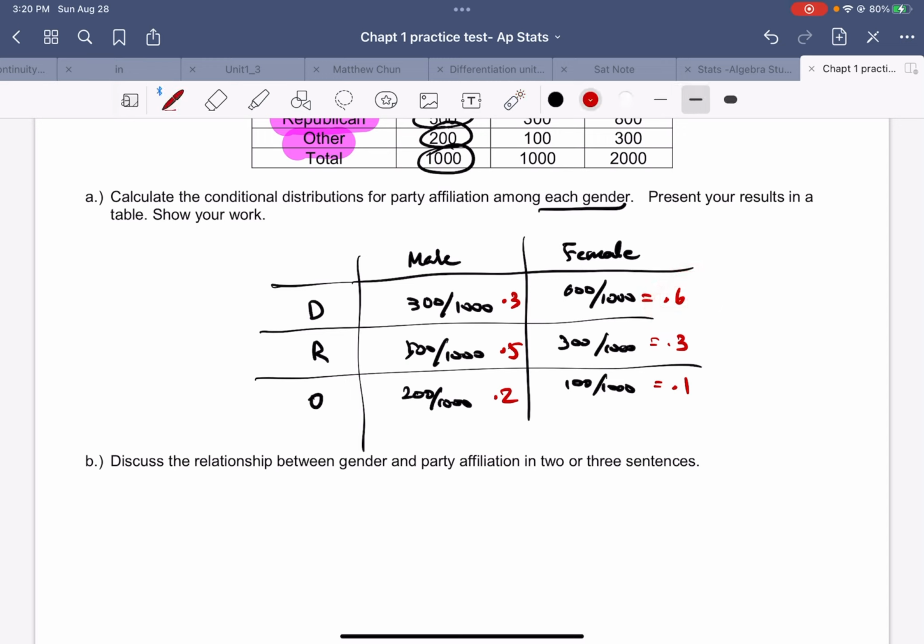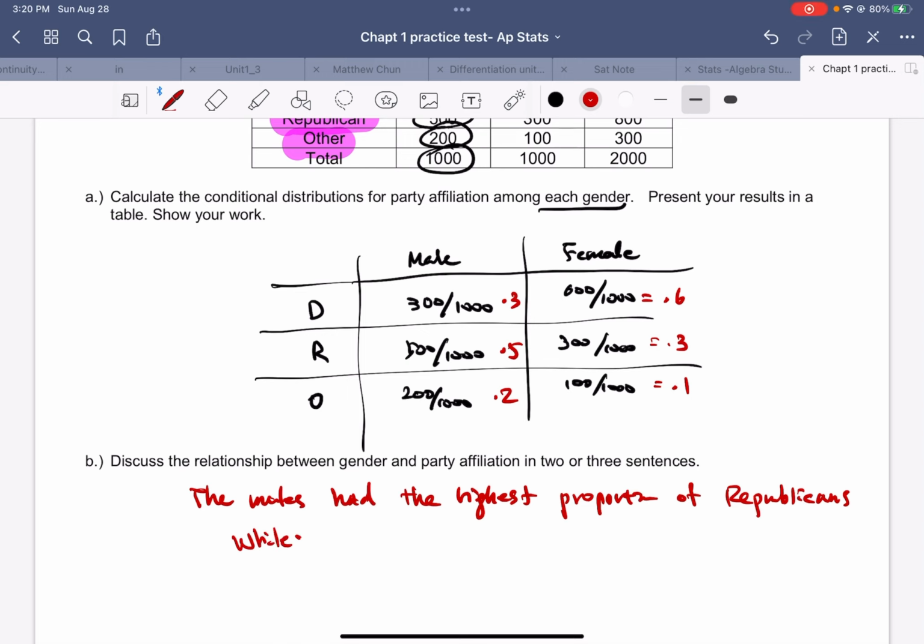So you can say the males had the highest proportion of Republicans, while females had the highest proportion of Democrats, right?